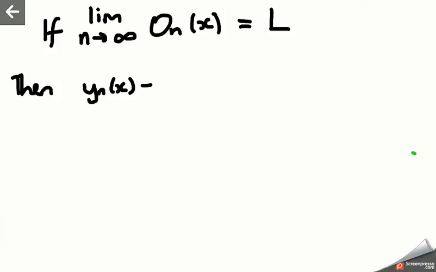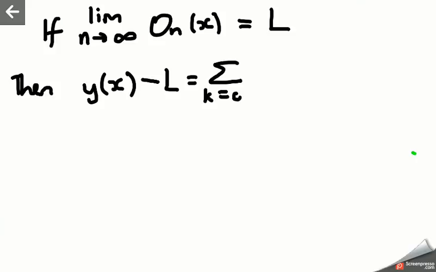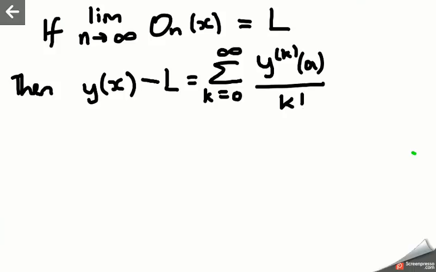Oops, I put an n where there shouldn't be an n in the y part. Y of x, rather, not yn of x. We haven't even defined yn of x. Yn of x is meaningless at the moment. So y of x minus L is equal to the Taylor series, which is the sum from k equals 0 to infinity of y differentiated k times at the point A divided by k factorial times x minus a to the power of k.